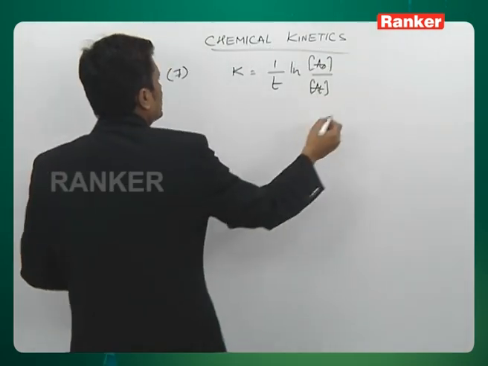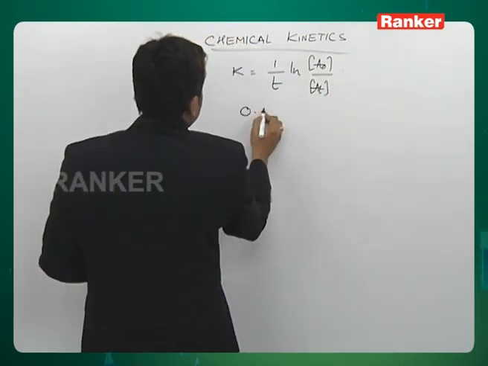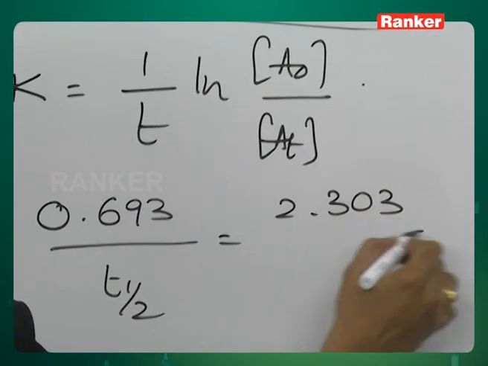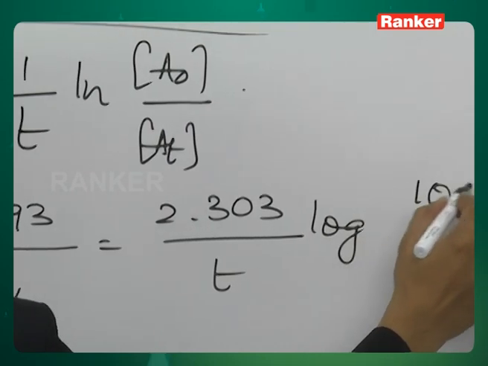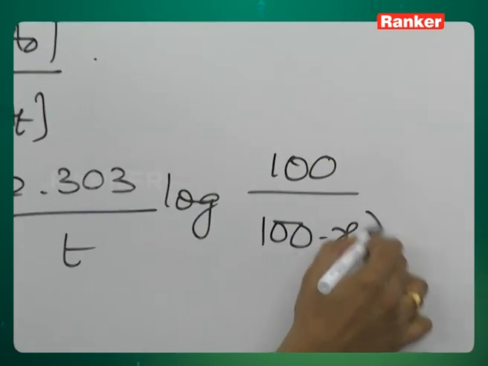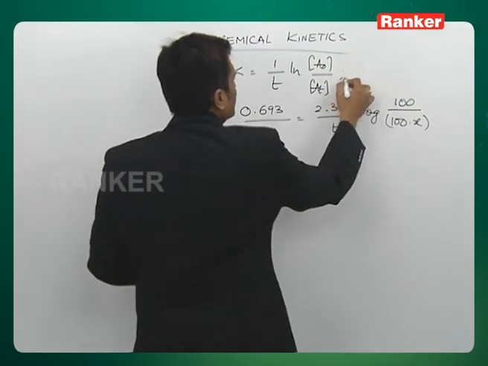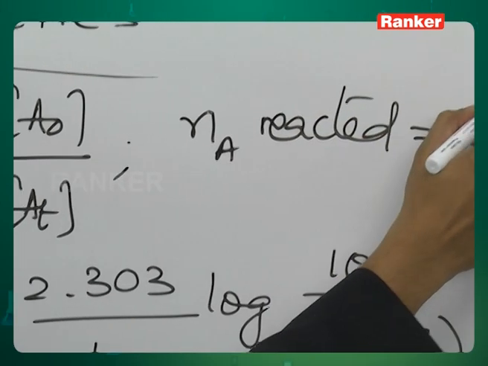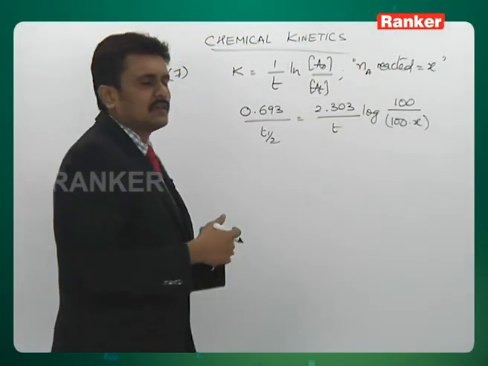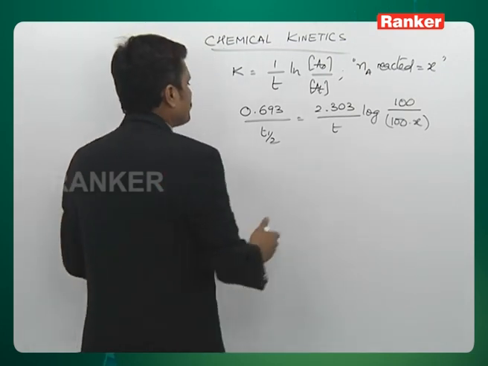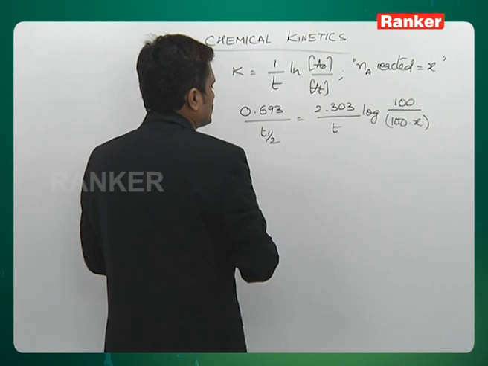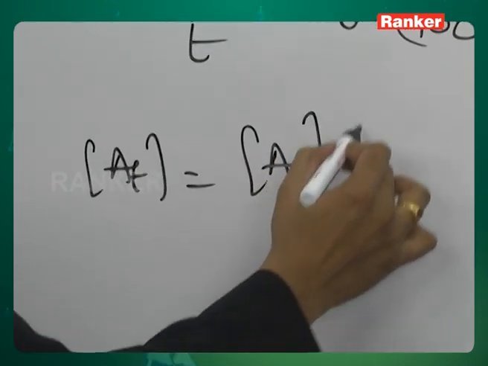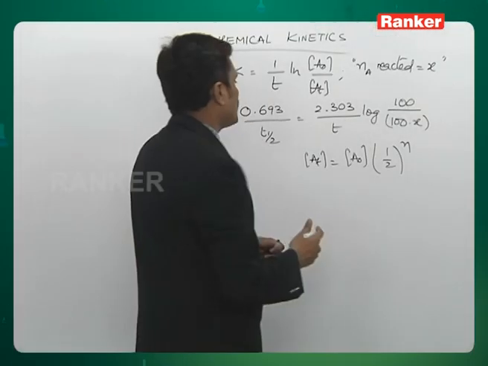Since percentages are asked, we can rewrite this equation as K equal to 0.693 by T half, taking base 10, with the initial concentration as 100 and the remaining as 100 minus X, if the concentration of A reacted is assumed to be X. As you have seen in the previous case, the final concentration is equal to the initial concentration into 1 by 2 whole power number of half-lives.